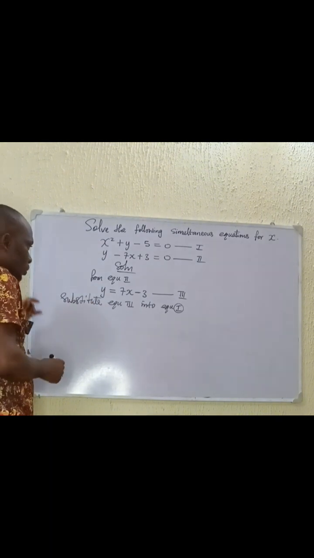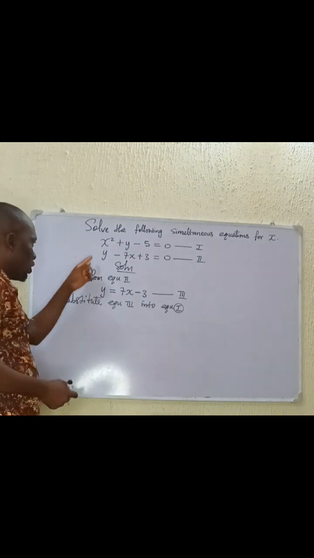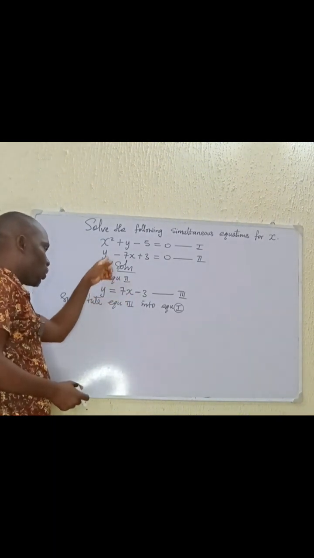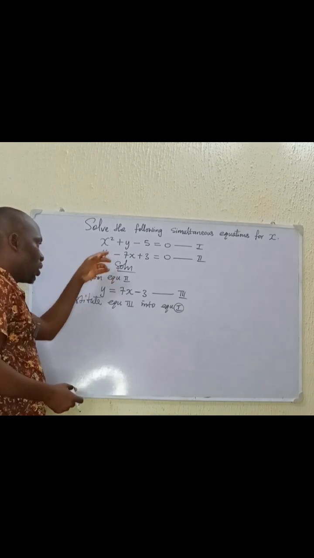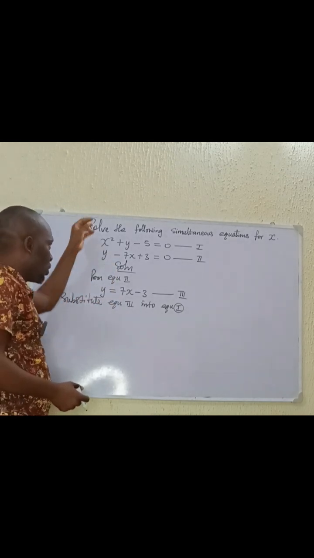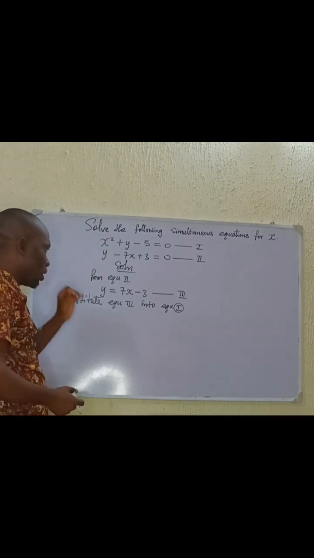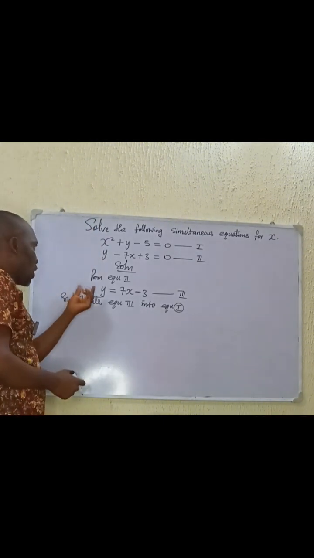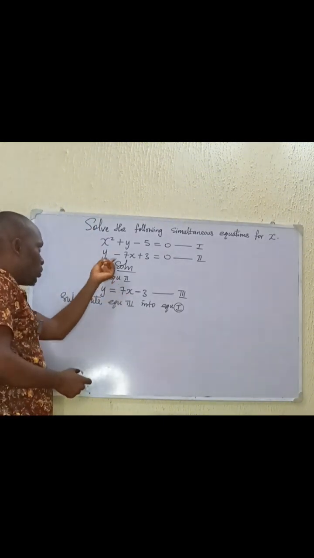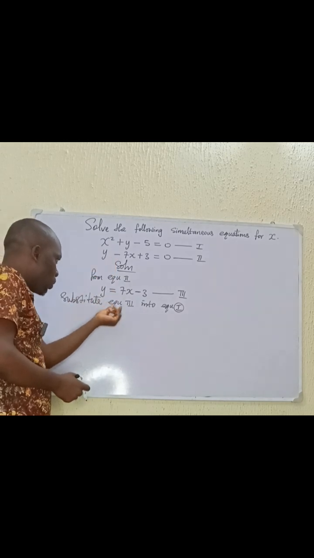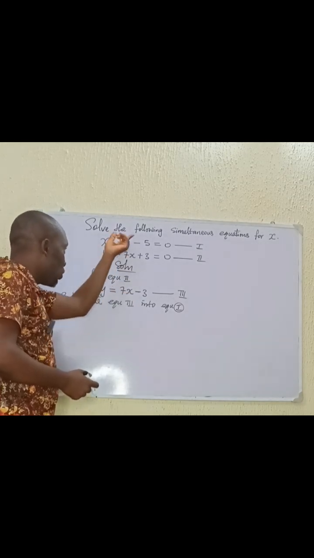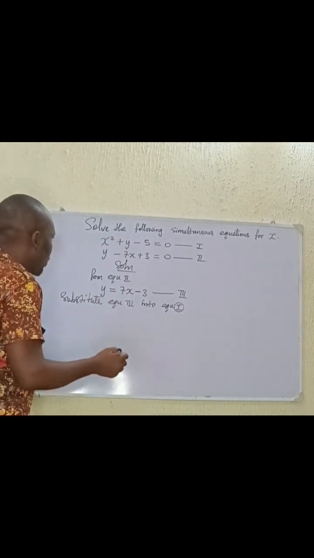Take note of this. Anytime you generate equation 3 from equation 2, if you want to substitute, go and substitute in equation 1. Don't go back and substitute here. If you do that, you're going to get 0. So if you generate the third equation from the second equation, then substitute this third equation in equation 1, it will be easier for you to solve.